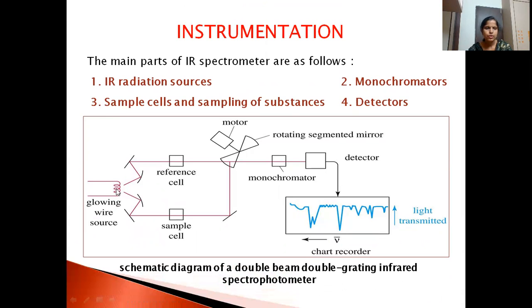This is the glowing wire, or the IR source. This is a double beam grating IR spectrophotometer. We have the reference cell, sample cell, mirrors and a rotating segmented mirror, monochromator, detector, and then the recorder. You can see the IR absorption frequencies in this recorder.